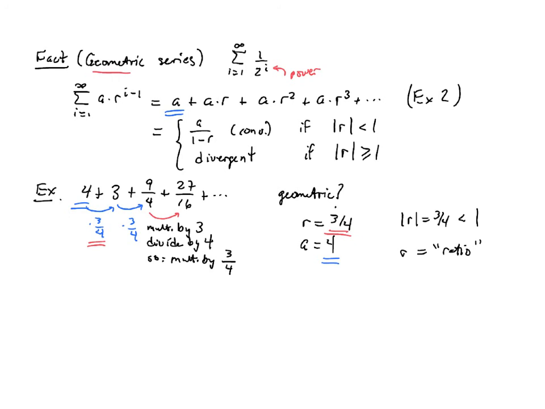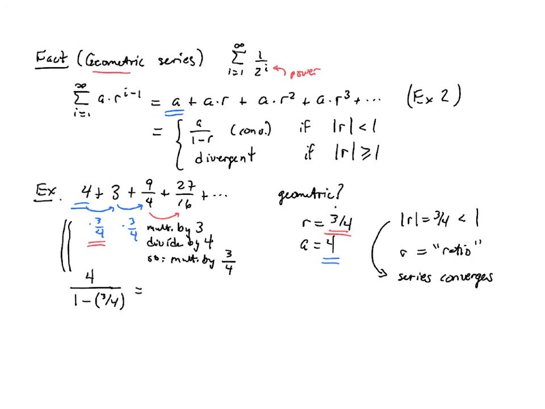Now, the fact that the ratio in absolute value is less than 1 tells me, by the fact that we have above, that the geometric series converges. And in fact, it tells me exactly what the series converges to. I take that number a, which is 4, and I divide it by 1 minus the ratio, which is 3/4.